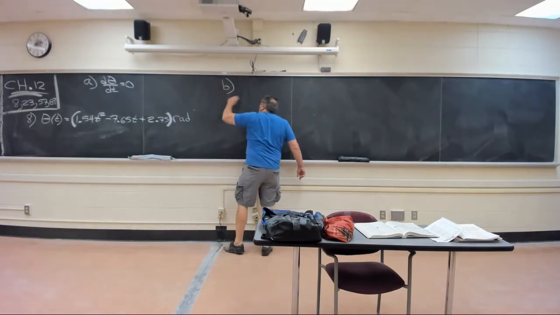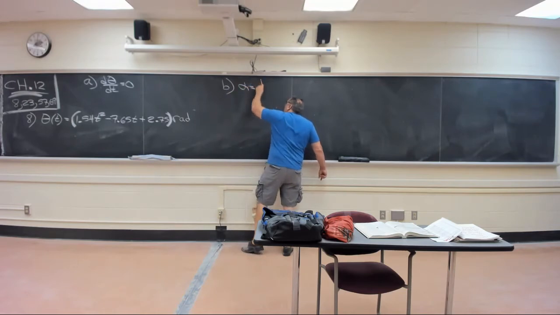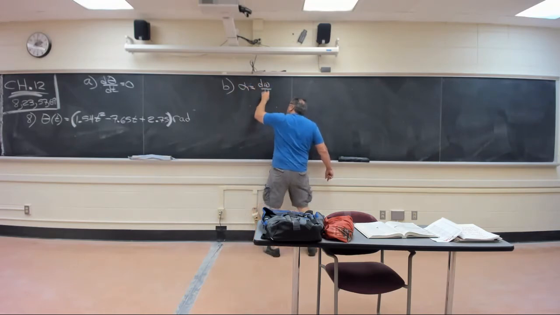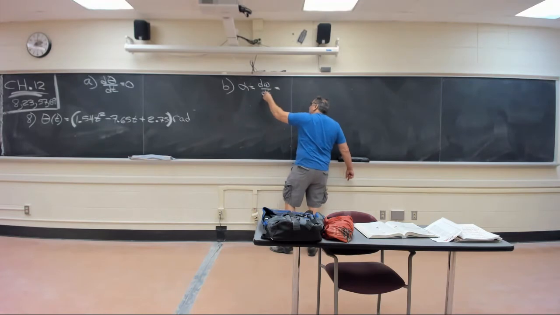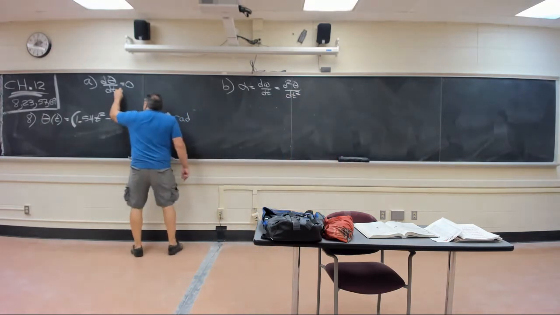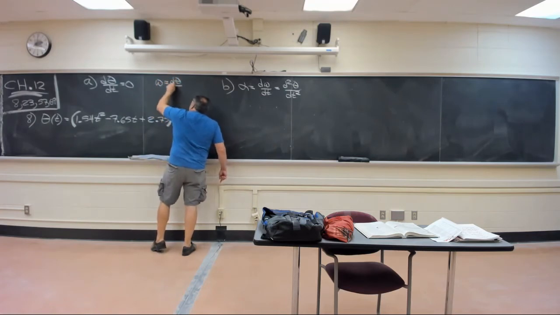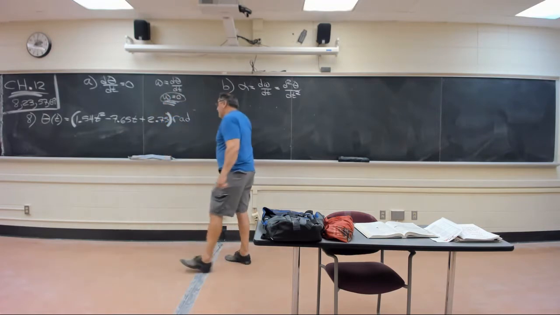B, what is the angular acceleration at that point? The angular acceleration is d omega dt, which is d squared theta dt squared. Omega is going to be d theta dt, and we want omega to be equal to 0. When's that going to happen?